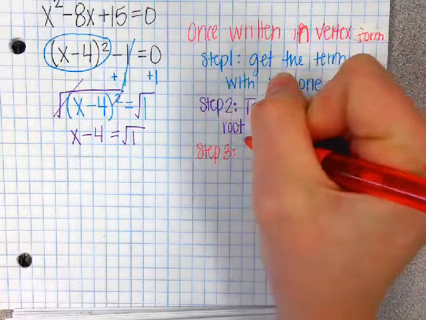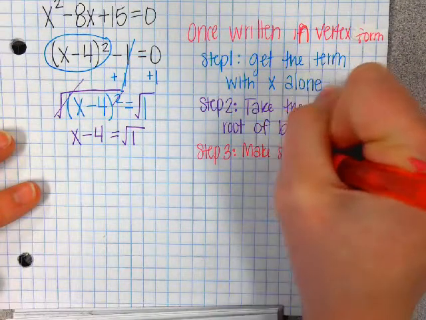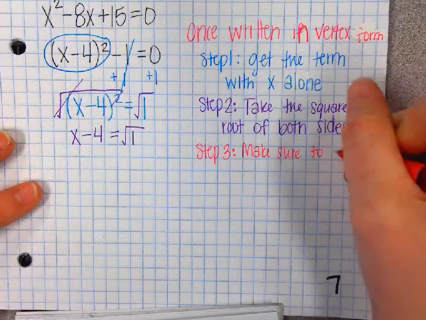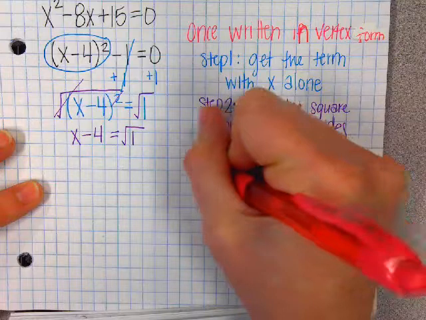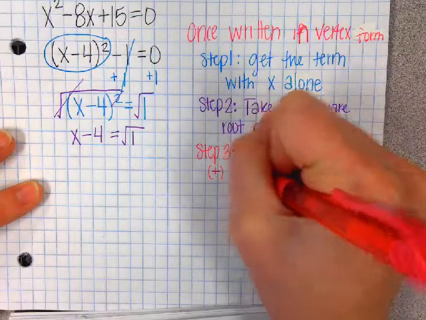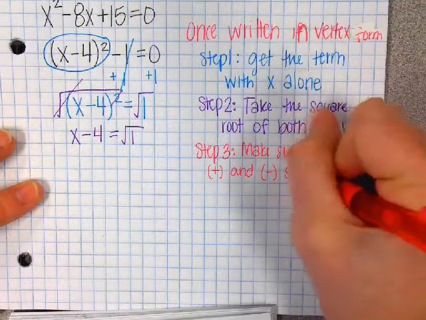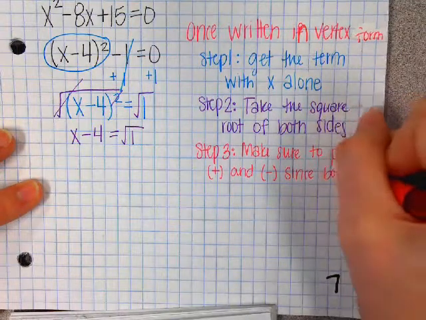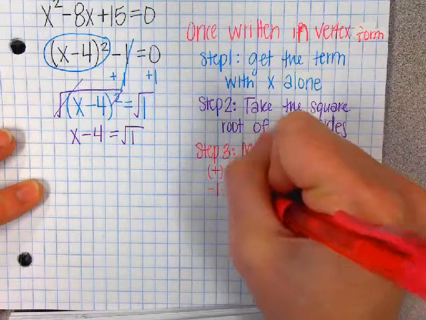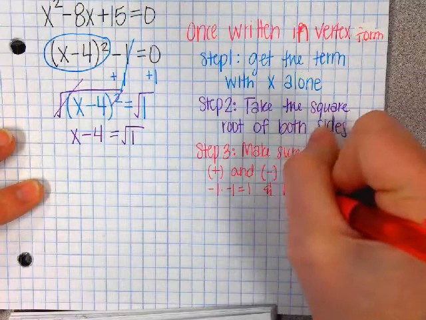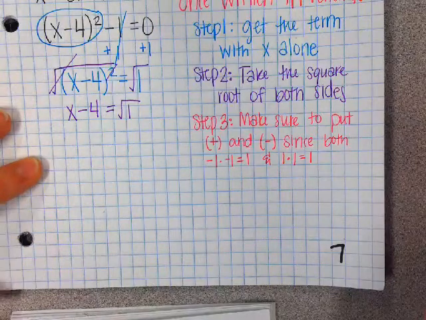So step 3. Make sure to put a plus and a negative, since both negative 1 times negative 1 equals 1 and positive 1 times positive 1 equals 1.